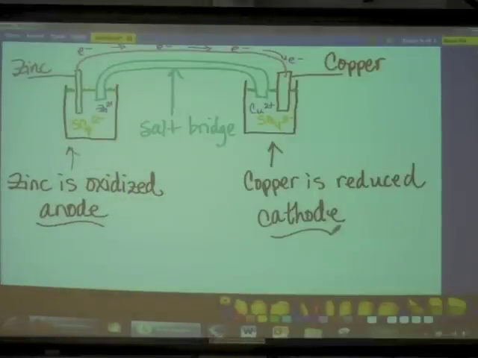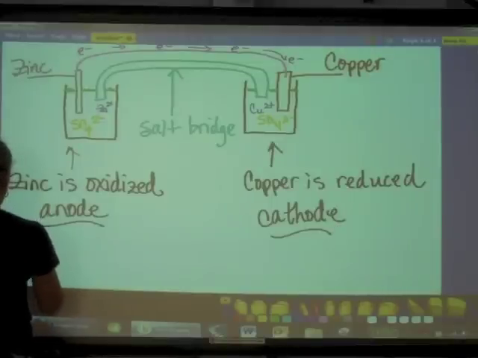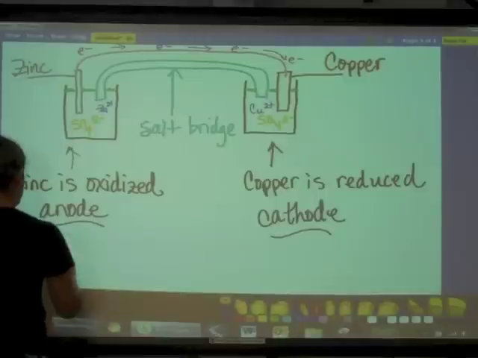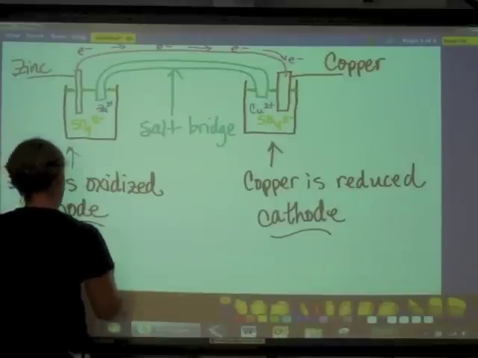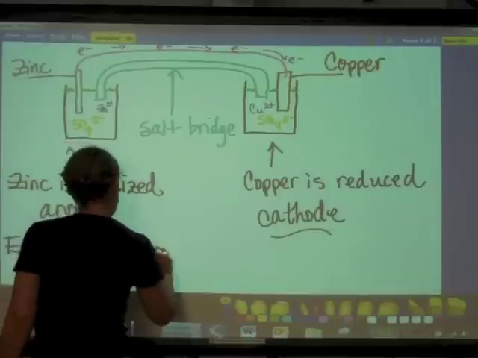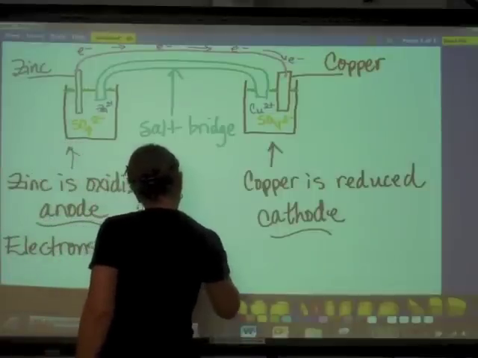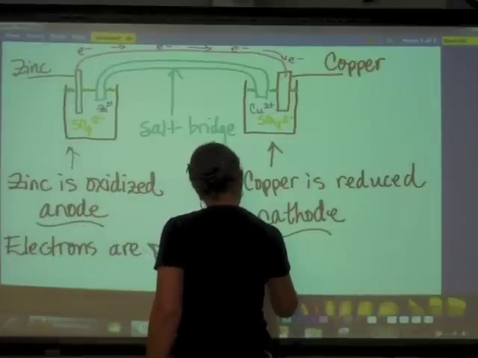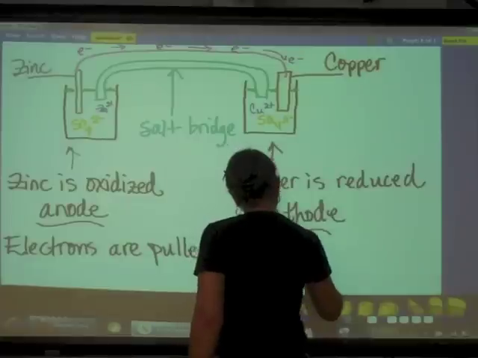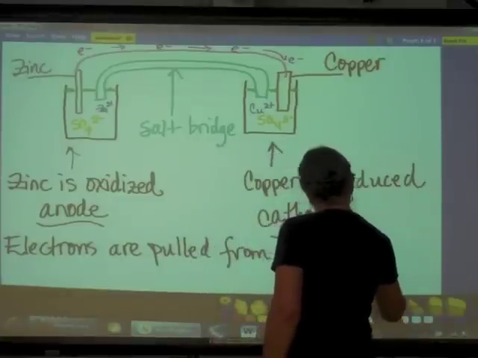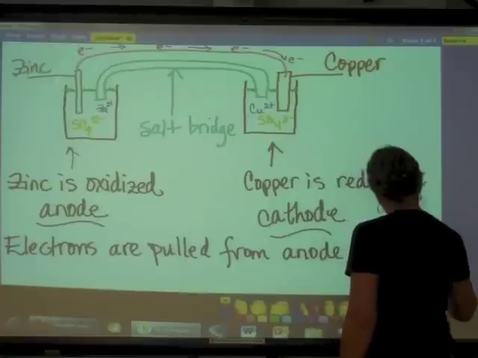Okay, so electrons are pulled from anode to cathode.